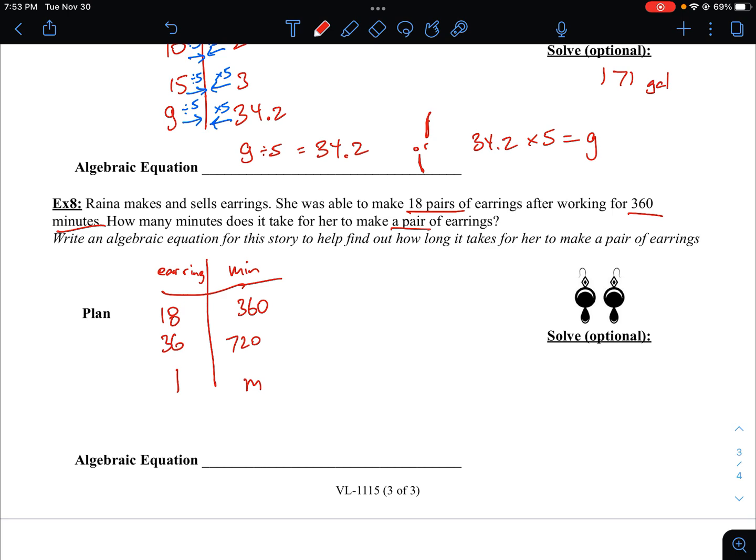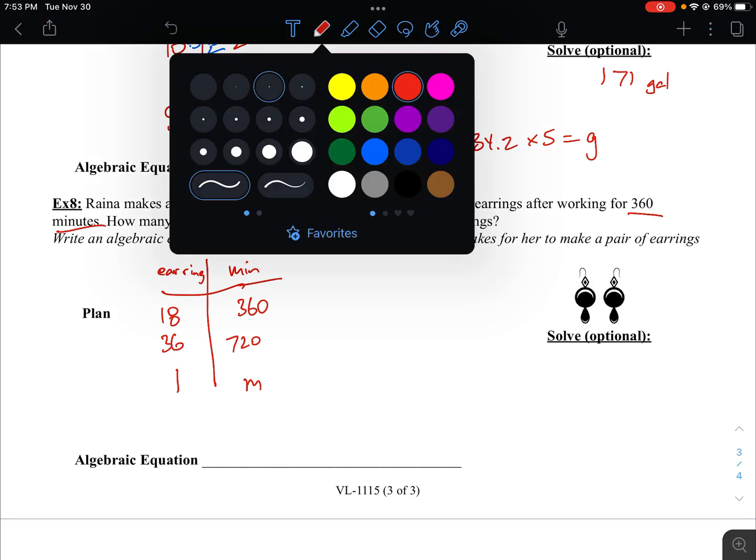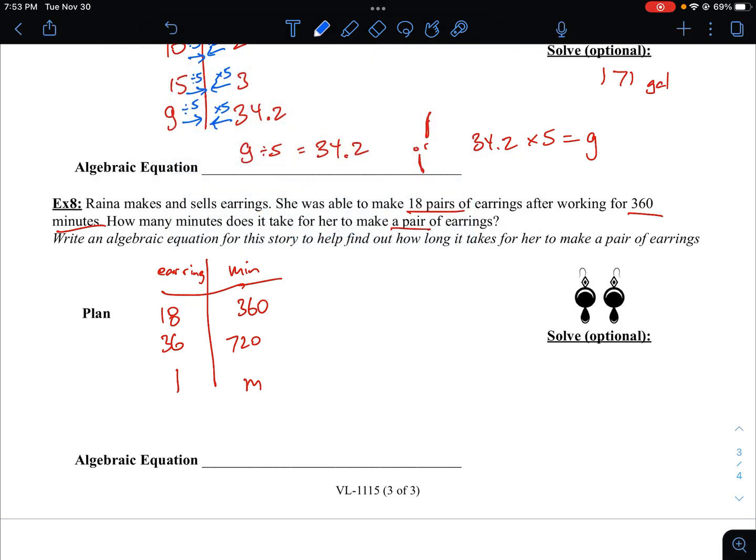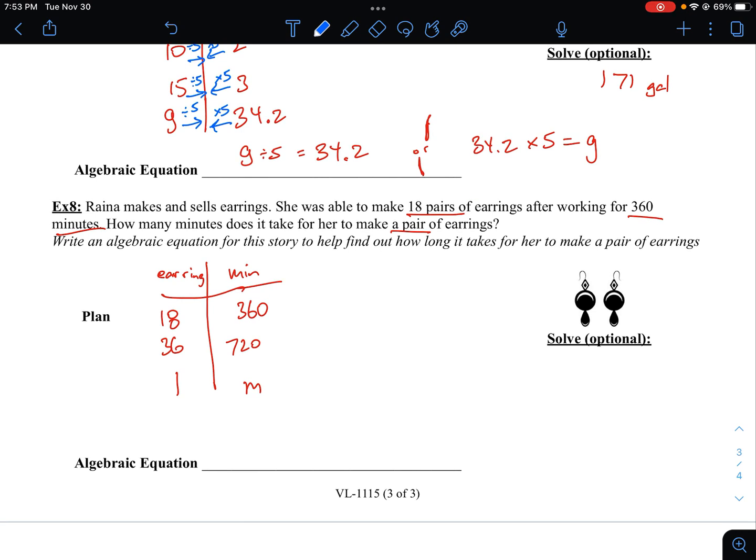So it's obviously a multiplication. You're obviously going to be doing some kind of multiplying. So 18 times something is going to get you 360, or 360 divided by something is going to get you 18. 1 times something, M divided by something. What is that number going to be?